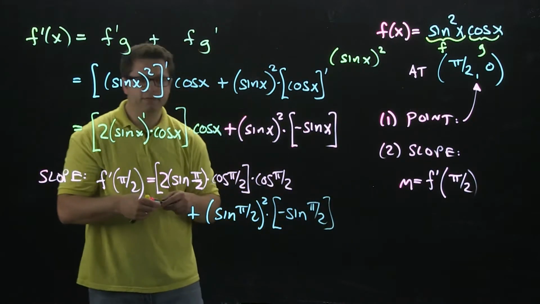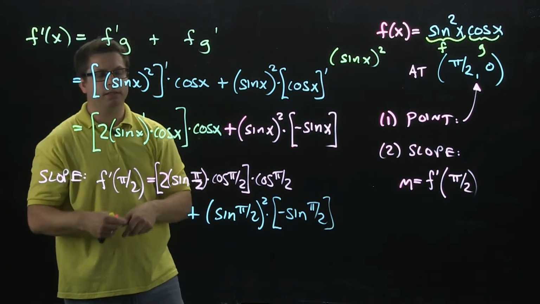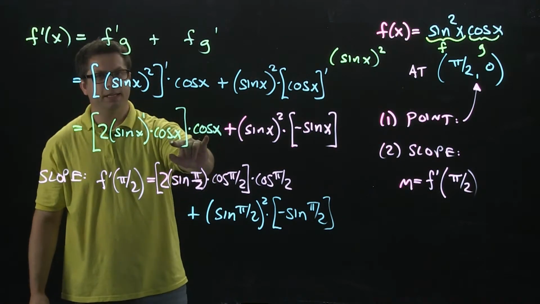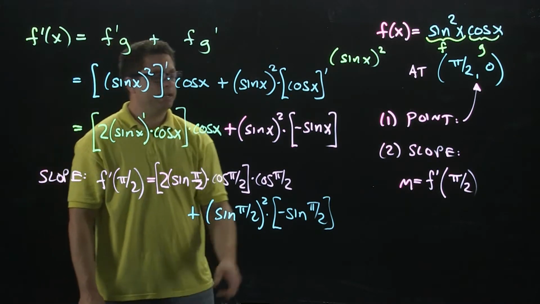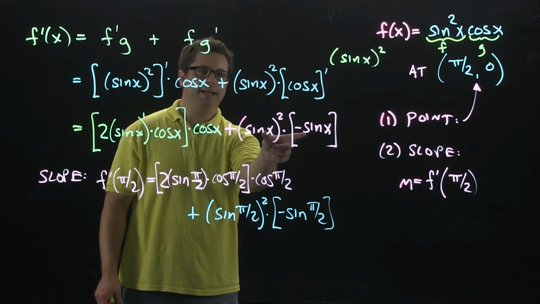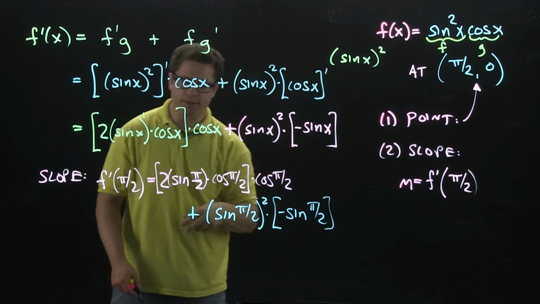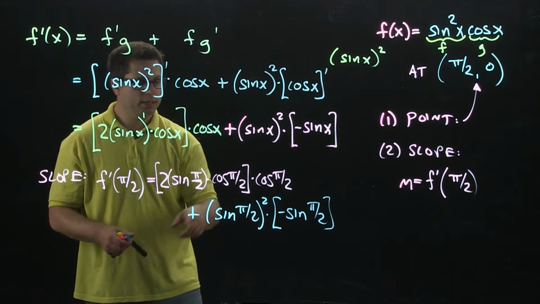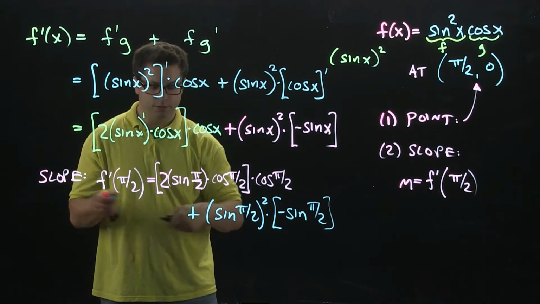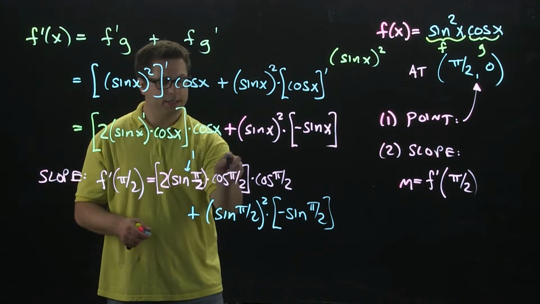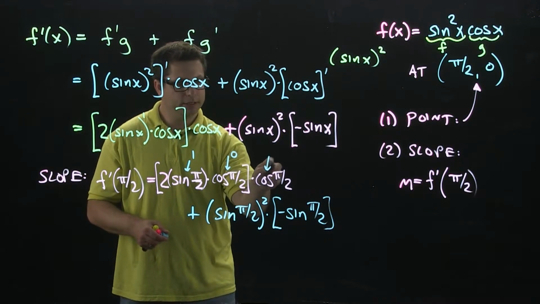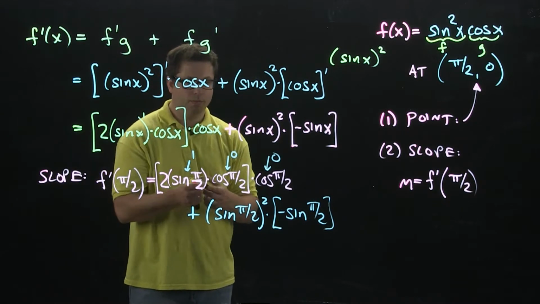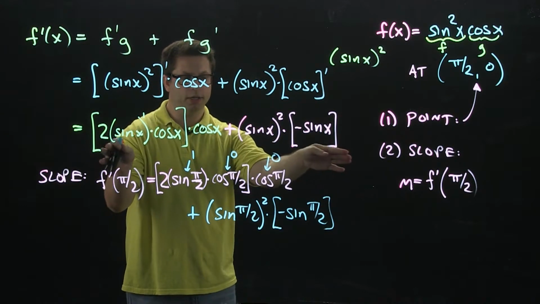Now, before we evaluated it, we could have simplified a little bit. You can see we have cosine times cosine for cosine squared, and this could have been written as negative sine cubed. That's okay, though. Now, sine of pi over 2 is 1, but then cosine of pi over 2 is 0, so this whole piece right here is gone.